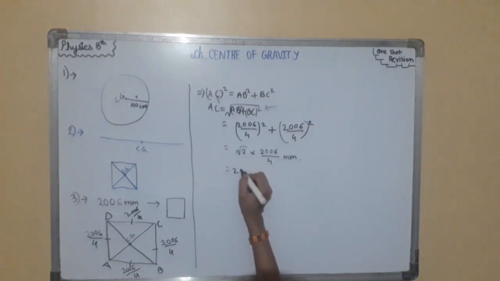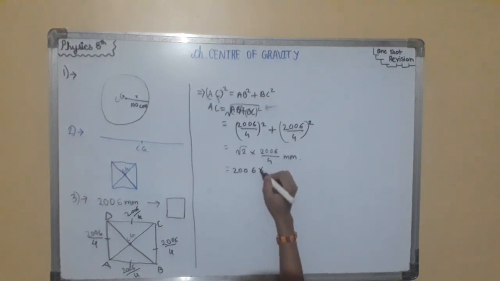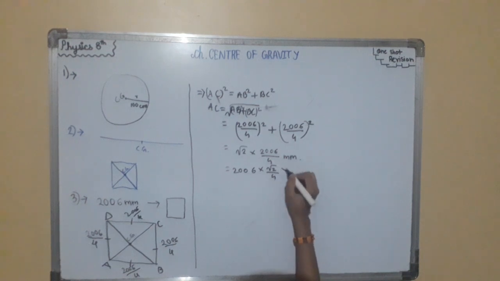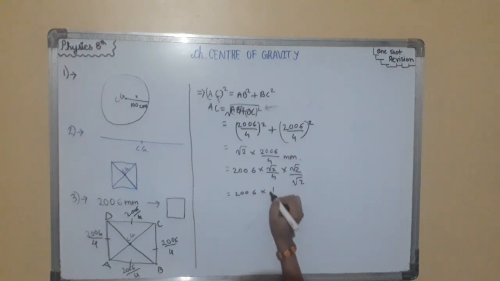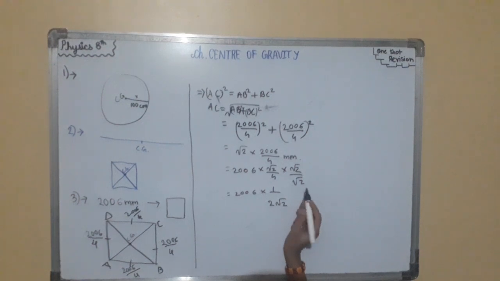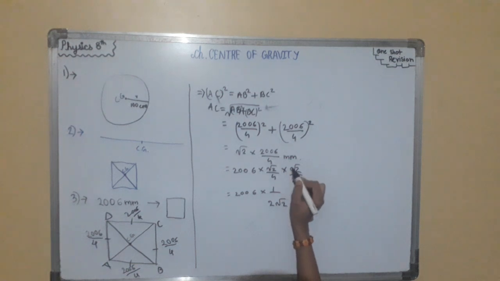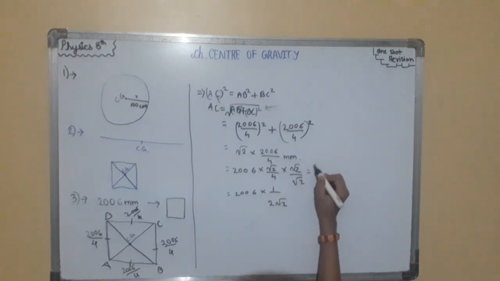So 2006 into root 2 upon 4. We will get 2006 into 1 by 2 root 2, because root 2 into root 2 will become 2, and upon 4, 2 and 1.